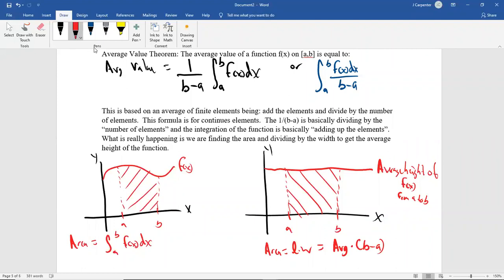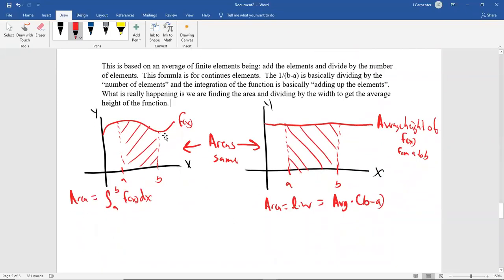So if I took this thing and just flattened it out, but I made these areas the same, this area on the left is the same as this area on the right. By flattening out the height to the average height between a and b, these areas would be the same. If you added up the infinitely many rectangles of this left one, that number would match adding up the infinitely many rectangles of this right image.